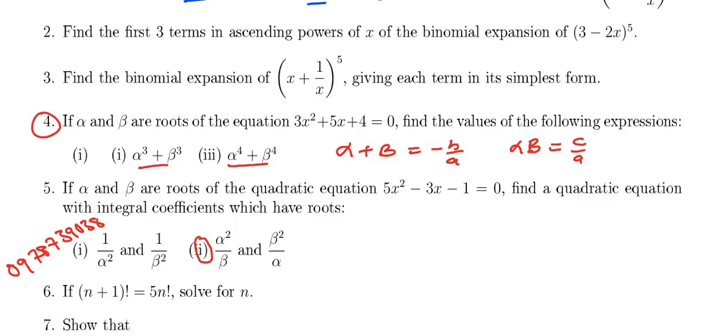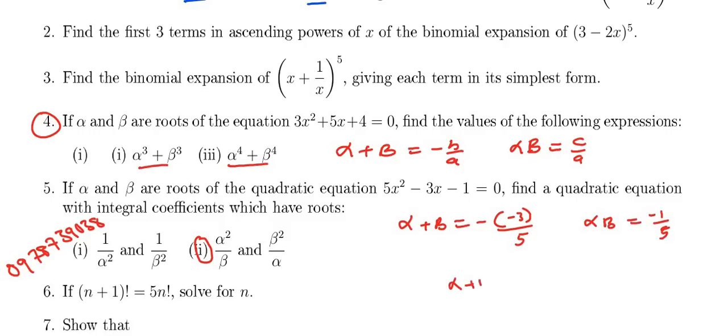So here we already know the formula is still the same. Alpha plus beta, according to this quadratic, is going to be negative b over a, right? Then alpha times beta is just going to be c over a, which is just a 5.